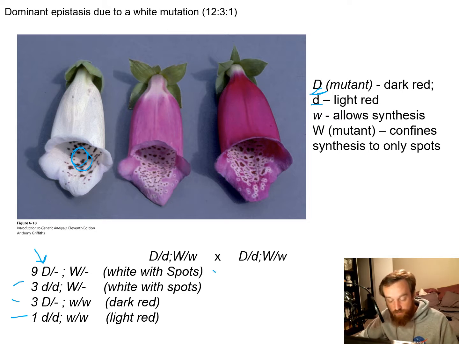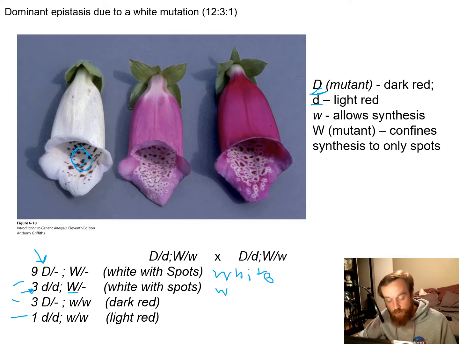So we have white flowers, right? The next portion down, we have a 3 portion where we have 2 copies of the lowercase d, so we would normally be light red. However, this W mutant again confines it only to those spots, and so we have a second white flower.